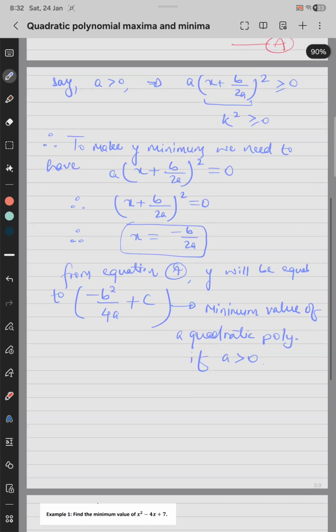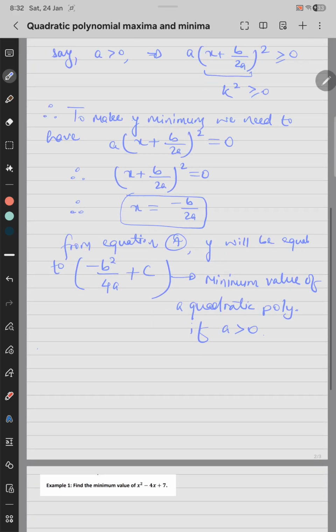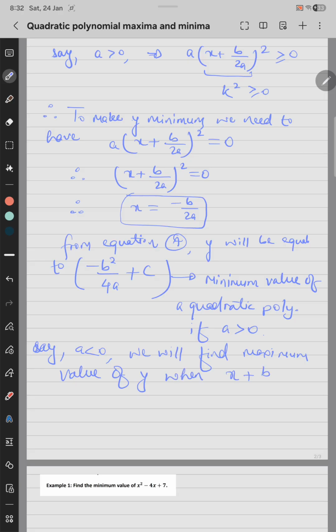Similarly, if a is less than 0, then we will find the maximum value of y when x plus b by 2a square multiplied by a is equal to 0 again.